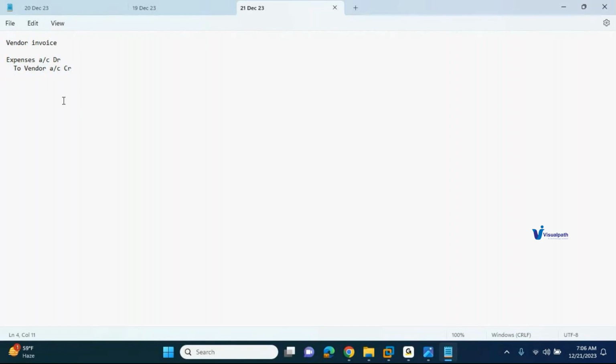So the personal rule, in the golden rules: personal accounts. These are the three golden rules. In your commerce, BCom, you will learn these three golden rules. The first golden rule is personal accounts: debit the receiver, credit the giver.